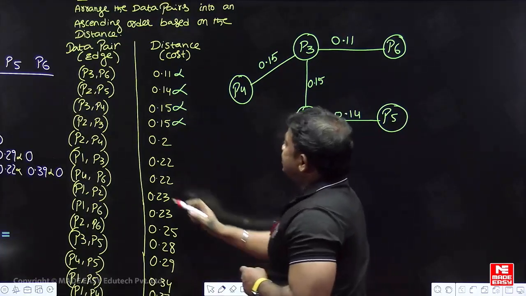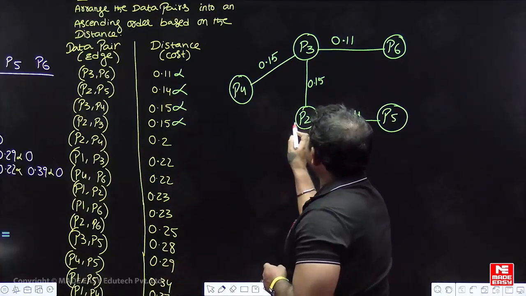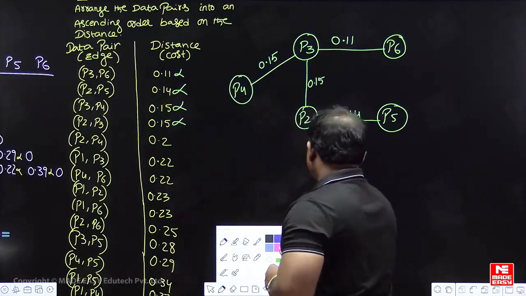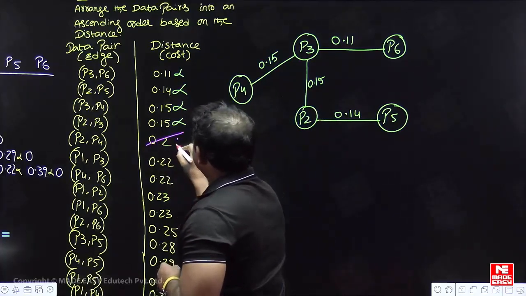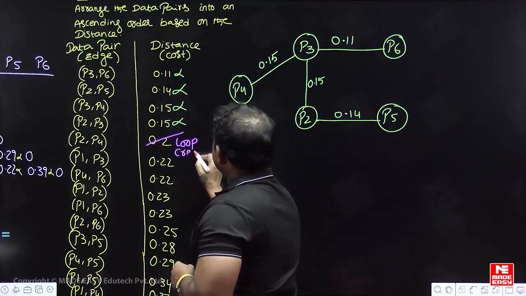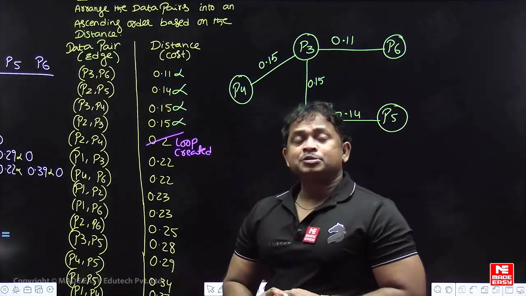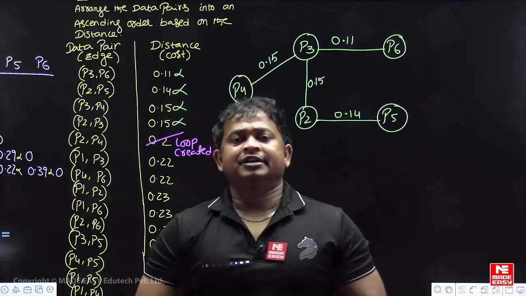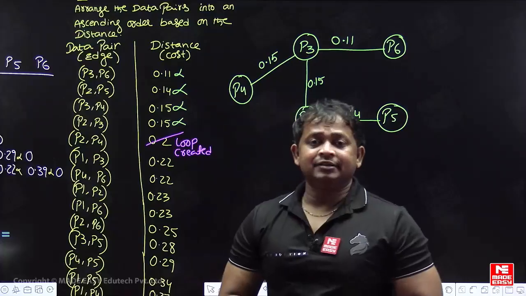Then P2, P4: if I connect P2, P4, it creates a loop, so we are not using it. In a minimum spanning tree, a loop is never created; when a loop is created, it is not called a spanning tree.